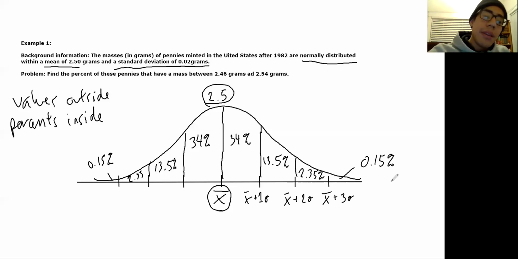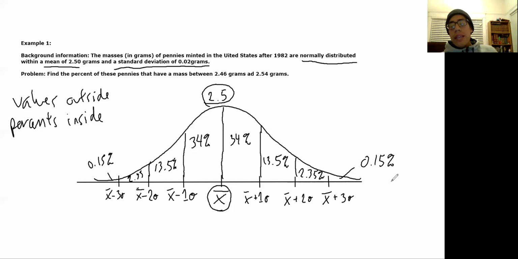To the left of the mean, I have my mean minus 1 standard deviation, my mean minus 2 standard deviations, my mean minus 3 standard deviations. So again, those things on the bottom of that curve are directions for me, so that I can know how to solve these problems.